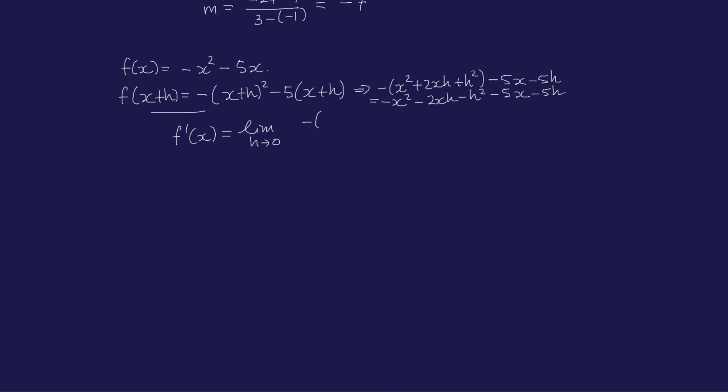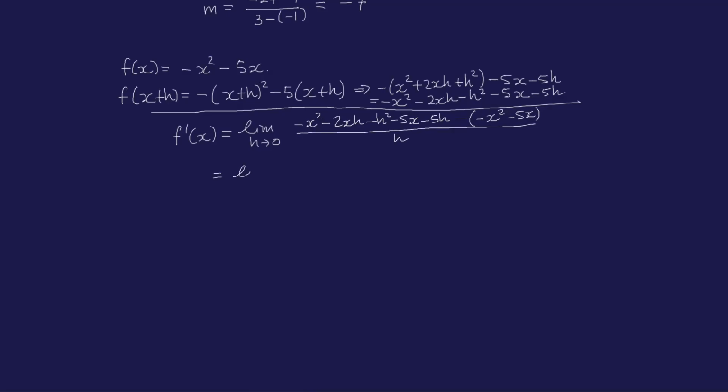Okay, so we can substitute that into our formula now. So minus x squared minus 2xh minus h squared minus 5x minus 5h minus the original function, which is minus x squared minus 5x. And that's all divided by h.